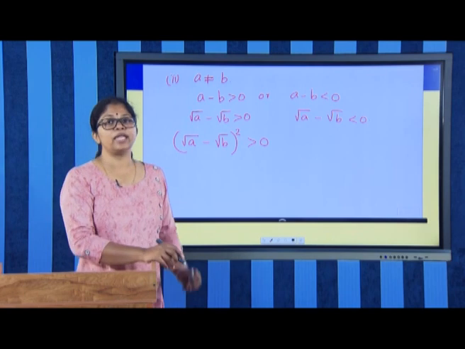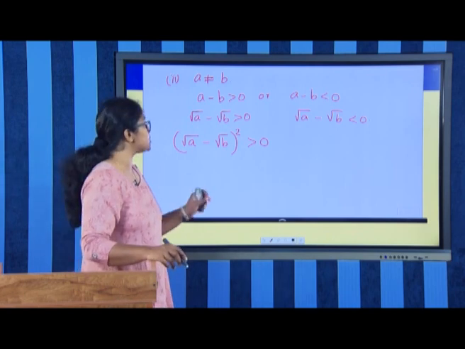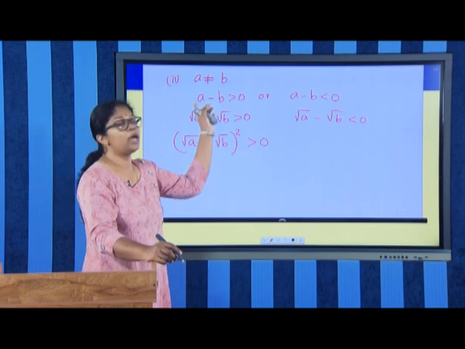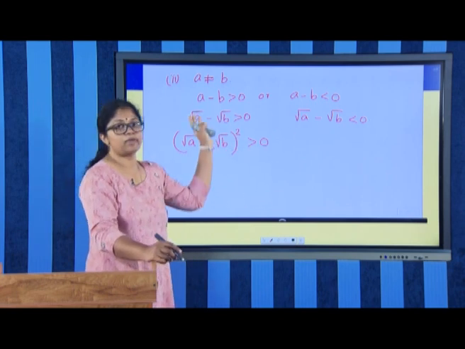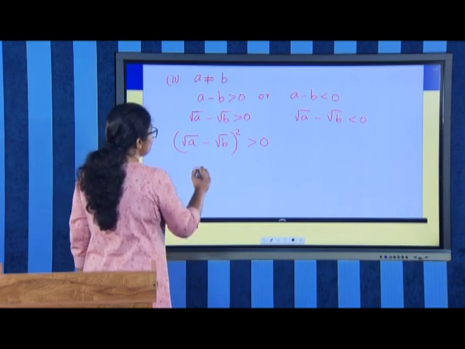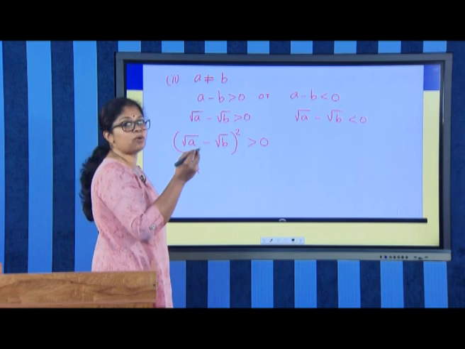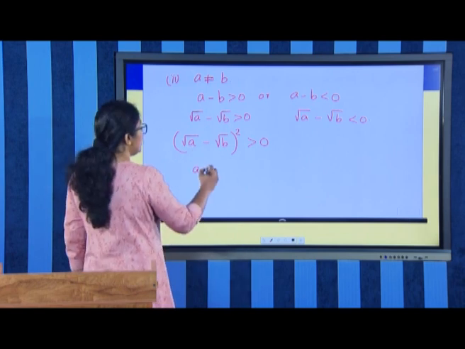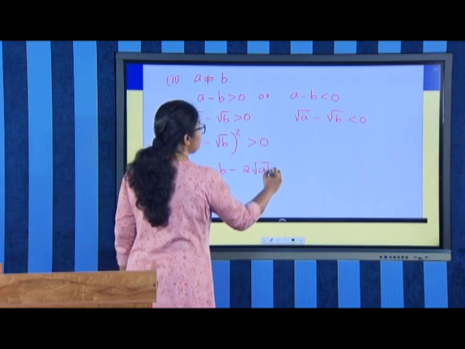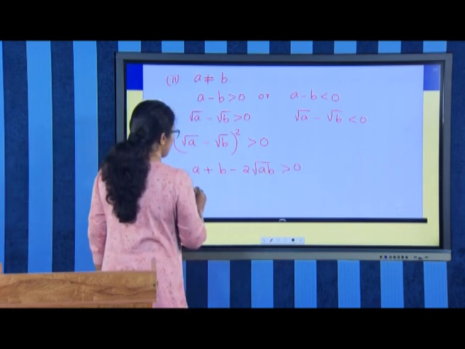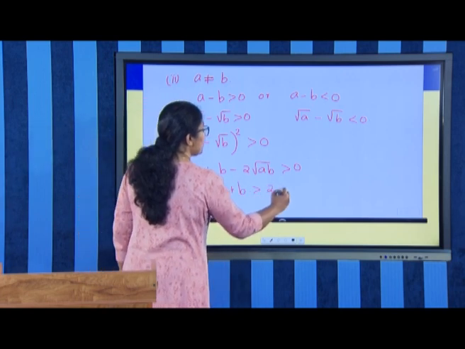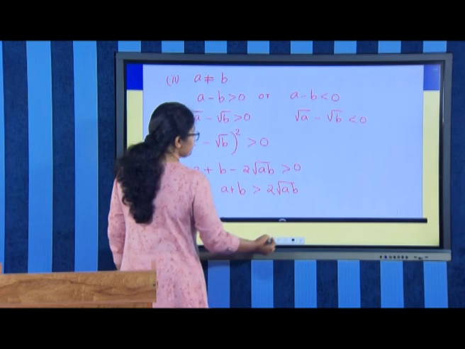So, the square of any non-zero real number is always positive, which gives (root A minus root B) the whole square is greater than 0 in both the cases, whatever be the case. Expanding this using our identity of (A minus B) the whole square that we have learned in school, we have A plus B minus 2 root AB is greater than 0, which indicates A plus B is greater than 2 root AB.